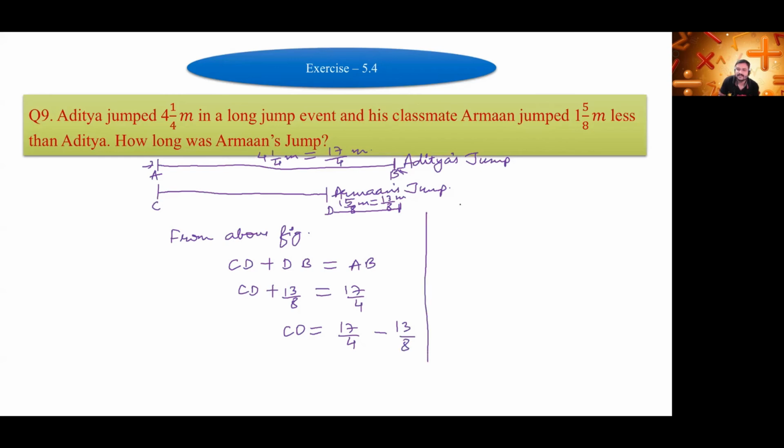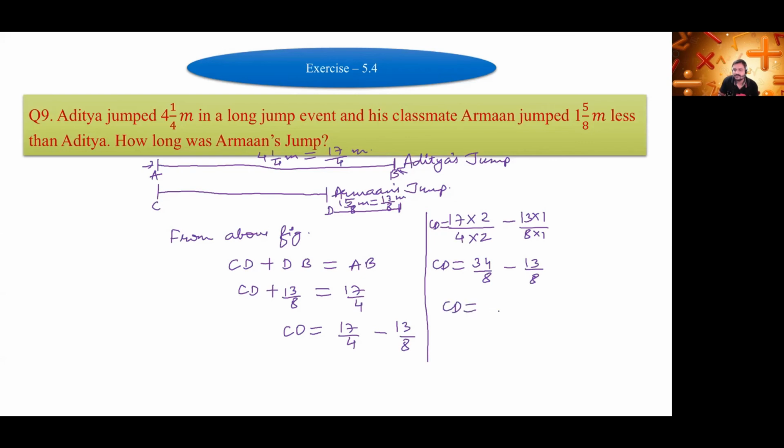So the LCM of 4 and 8 is 8. So 17 into 2 divided by 4 into 2 minus 13 into 1 divided by 8 into 1. So CD will be equal to 34 upon 8 minus 13 upon 8.